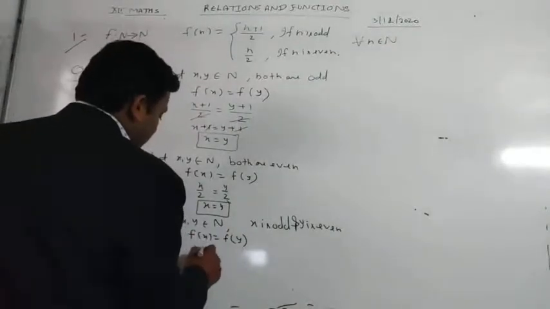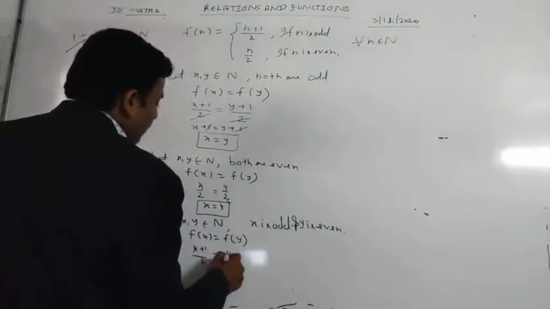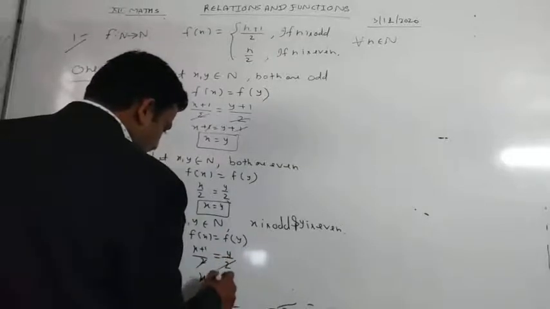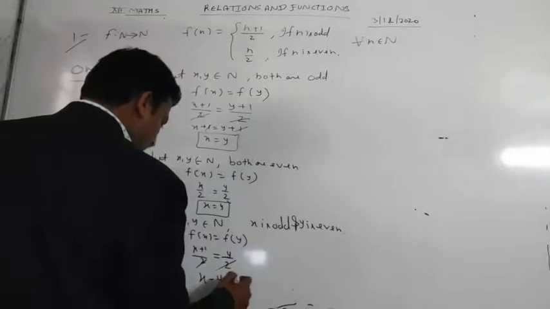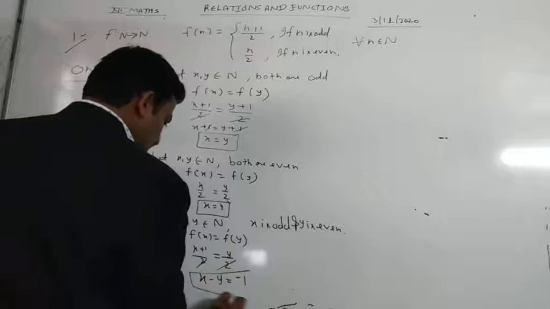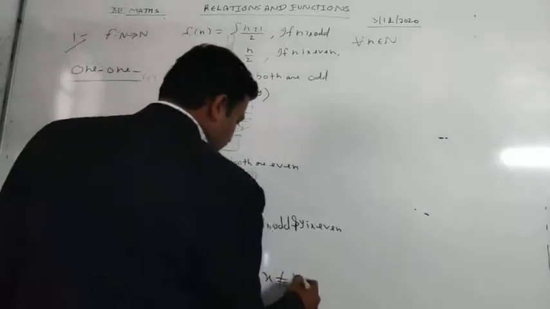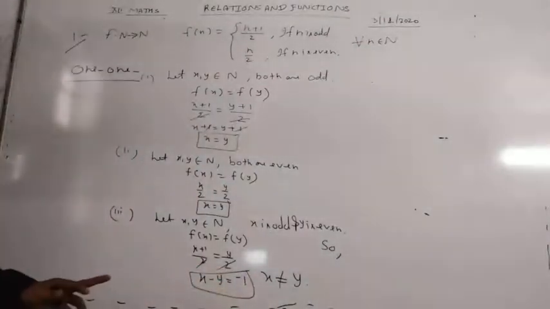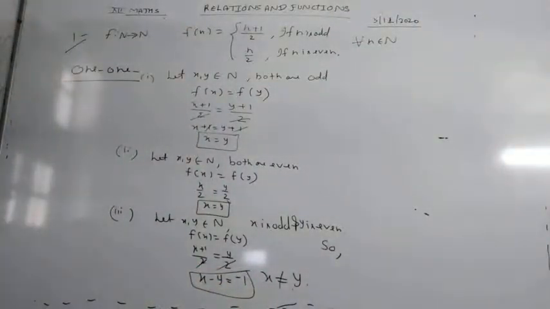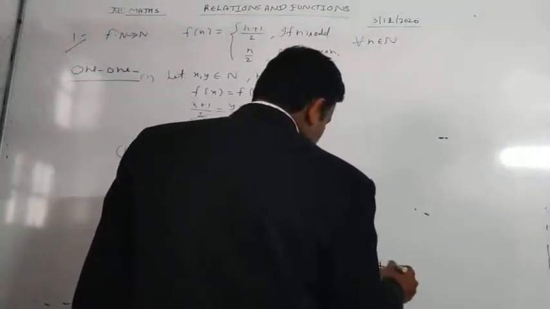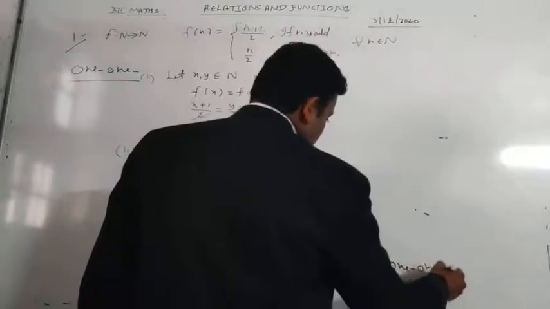It will be (x plus 1) by 2 is equal to y by 2. So x minus y is equal to minus 1. So here x is not equal to y. So we can say that our function is not one-one.